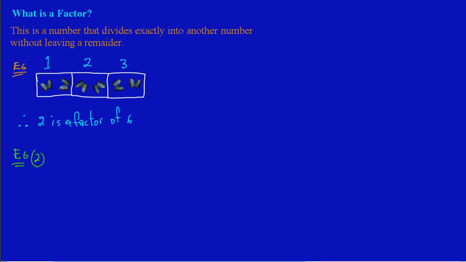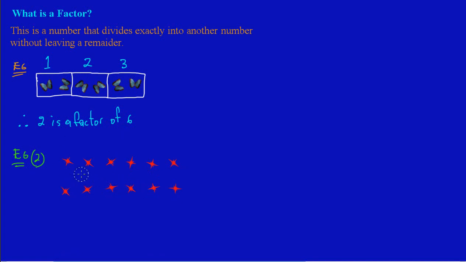Now let's say we had some stars, and here I have 12 stars, my friends. So I have 1, 2, 3, 4, 5, 6, and 1, 2, 3, 4, 5, 6. So here we have 12 stars.